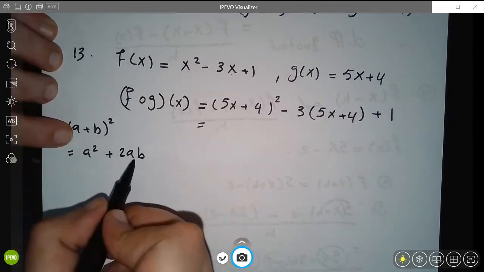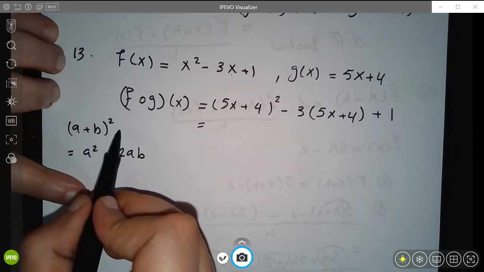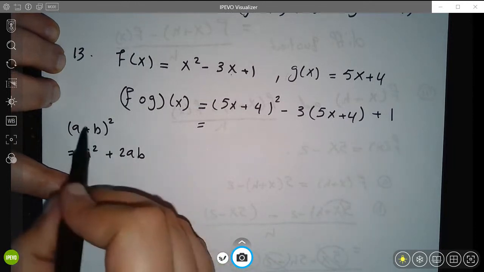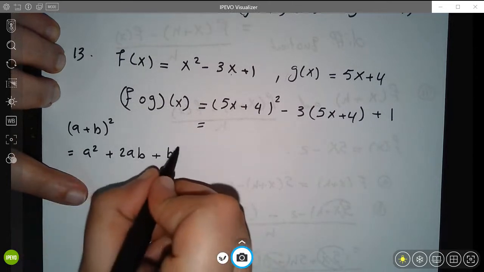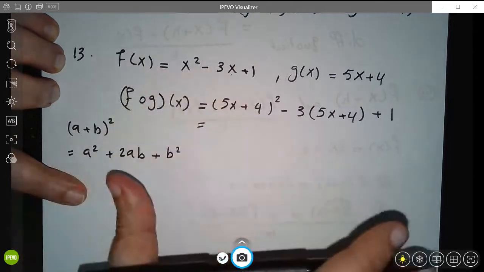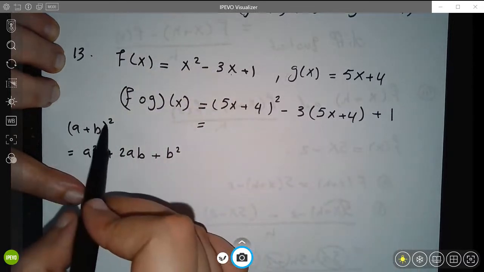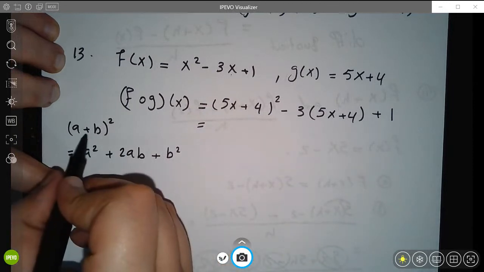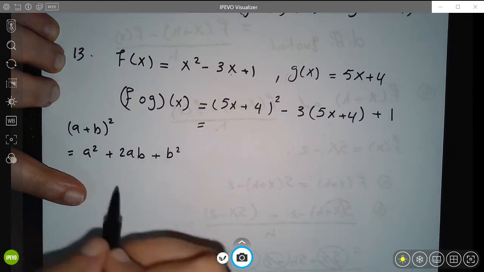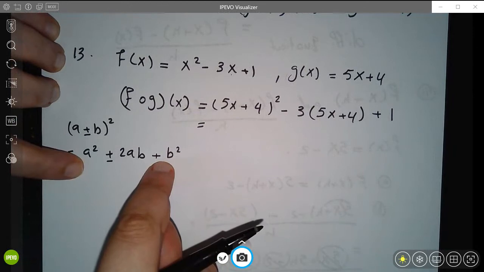So you multiply a and b, and then multiply by 2. Because that's what happens. You multiply a by b the first time, and then you multiply this b by the other a the second time. Make sense? So you're going to do this multiplication twice. So 2ab plus b squared always. If you have parentheses of two values added, subtracted, whatever, it's going to be this right here. If it's a negative, then the middle term is going to be negative. These squared terms are always going to be positive because you're squaring them.